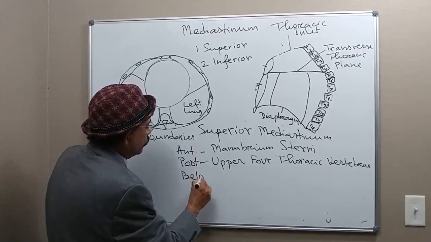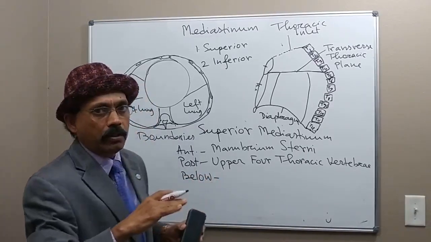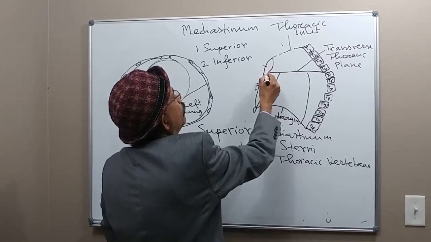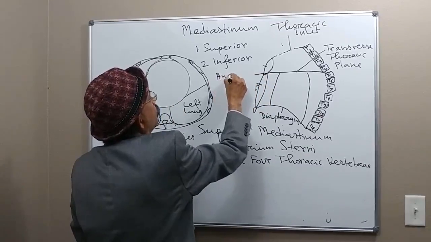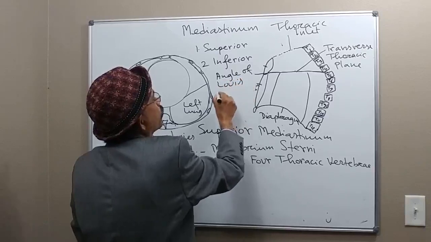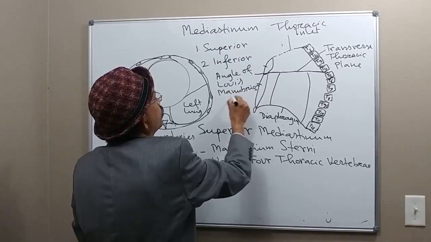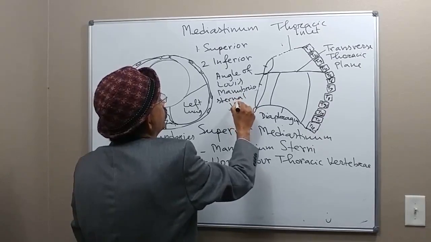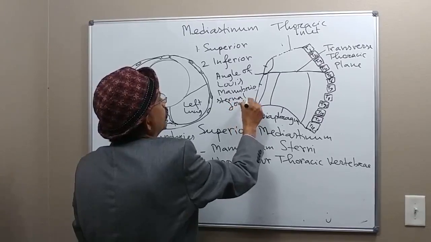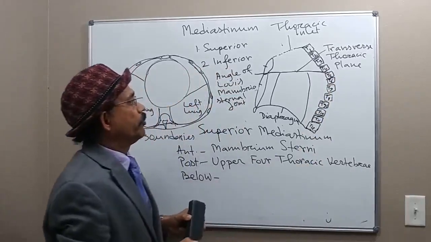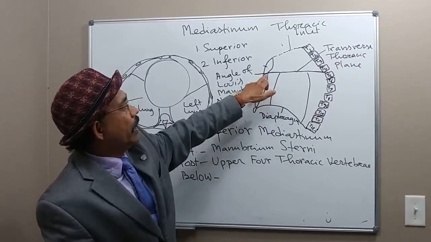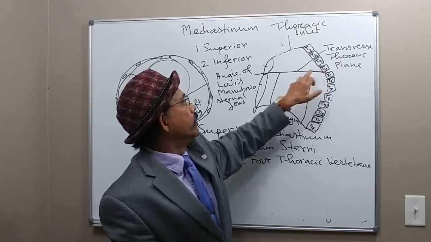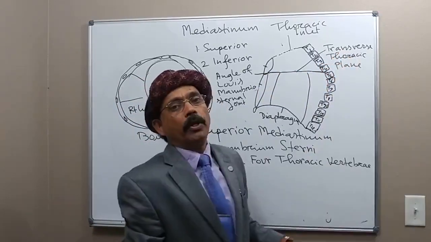It is an imaginary plane that extends from the manubriosternal junction, or angle of Lewis, also called the manubriosternal joint, anteriorly to the lower border of the body of T4.